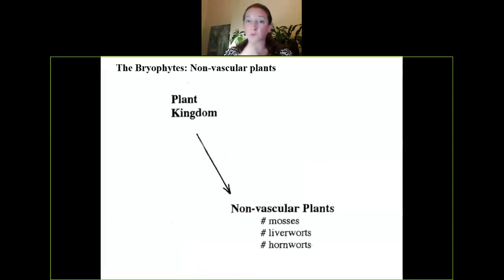The non-vascular plants collectively are called the bryophytes. Just know that the non-vascular plants are also called the bryophytes.